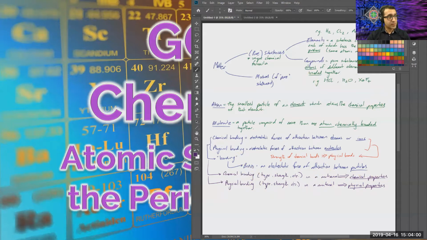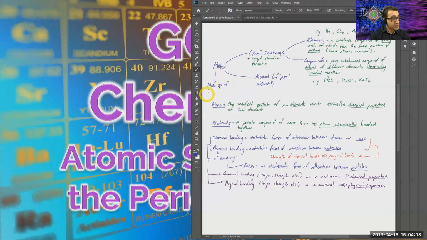So what we've talked about so far gives you an overview of the most fundamental concepts. Matter is fundamentally made up of smaller pieces of matter called particles.